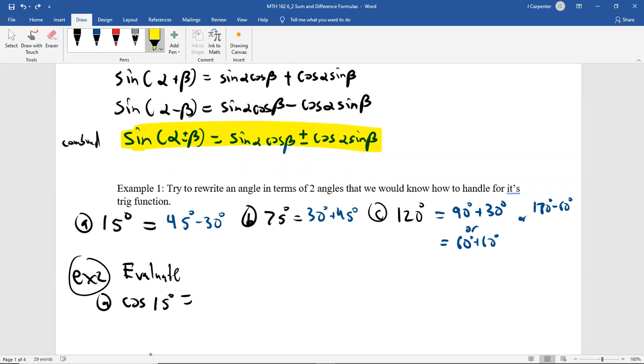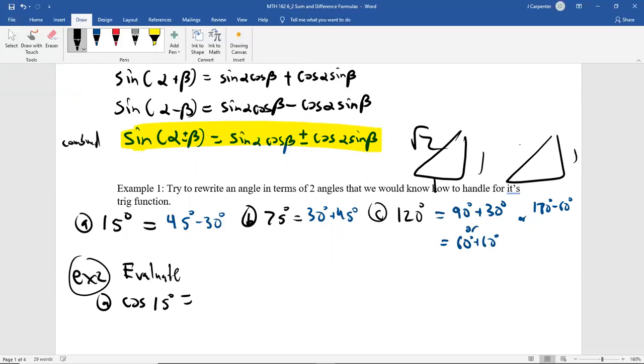Those are the angles you want to try and think in terms of, because then you can just go to those two triangles, the 1, 1, square root of 2 and the 30, 60, 90, which is the 1, 2, square root of 3 triangle, which are on that little cheat sheet thing. Which again is not an actual cheat sheet, it's just saying, hey, this is the stuff you need to know.